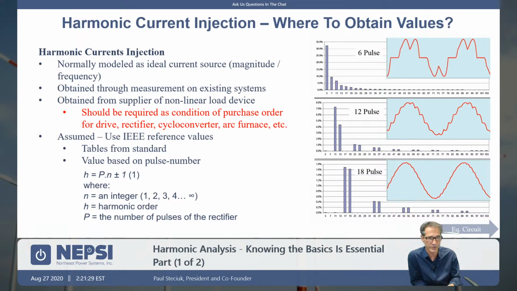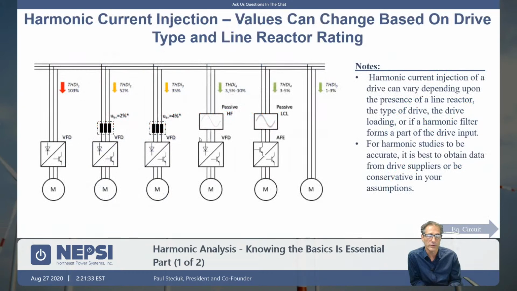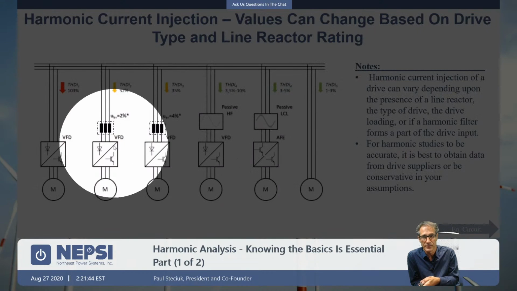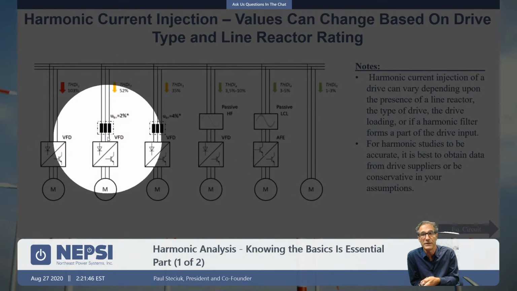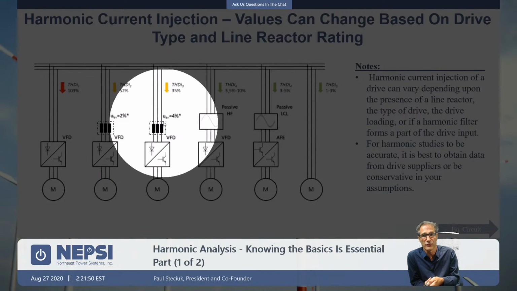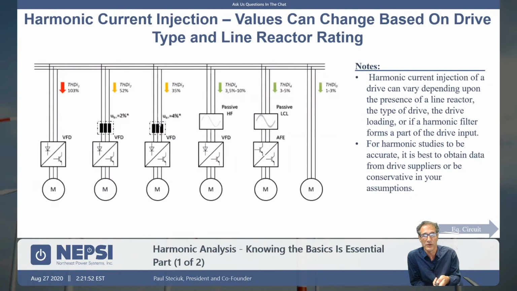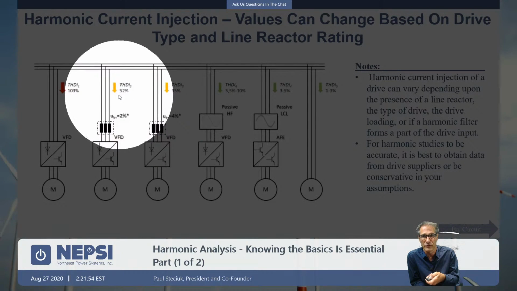And when you talk about drives, it's important to also note that depending upon the type of VFD drive, and also depending upon the impedance, and here we're showing a transformer or an impedance up front of the drive, how much impedance or drive isolation transformer impedance is up in front of that drive will also change the amount of harmonic current flow that you get.